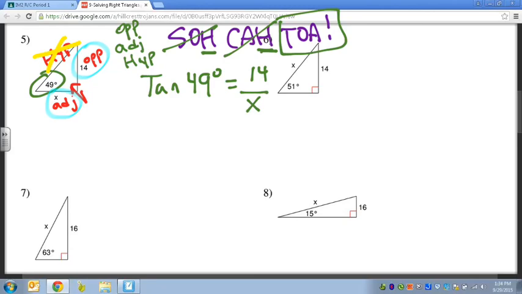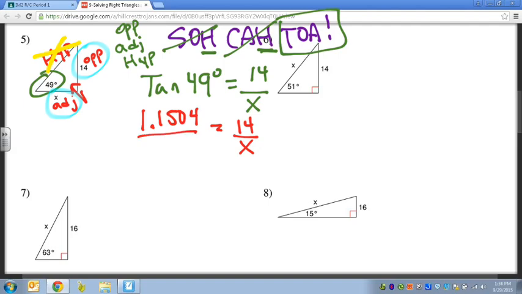It gives you a column for sine, cosine, and tangent, with a bunch of decimals. For me, I have a fancy calculator, and if I type in tangent 49 degrees, I get this decimal: 1.1504. With all the trigonometric functions, whenever you make a decimal, they always have 4 decimal places, because it makes it more exact. If you round a little bit too soon, it won't be as exact as it should be. So, 4 decimal places there, equals 14 over x.